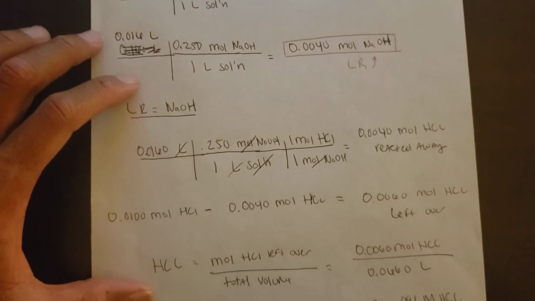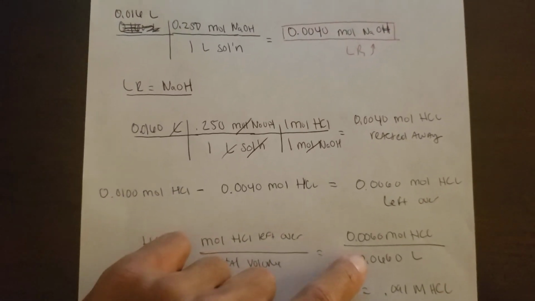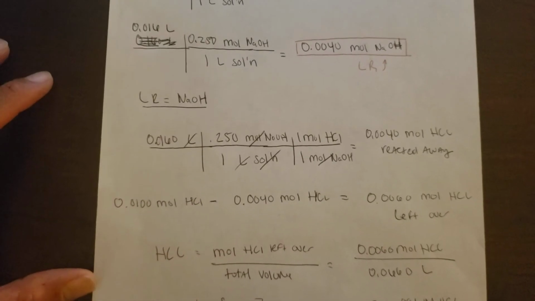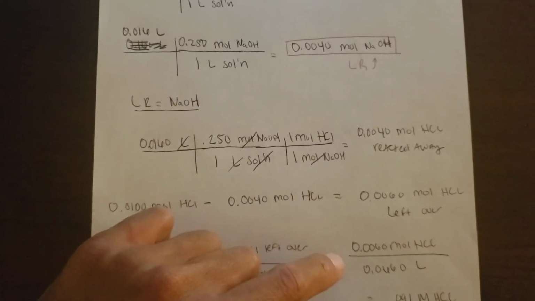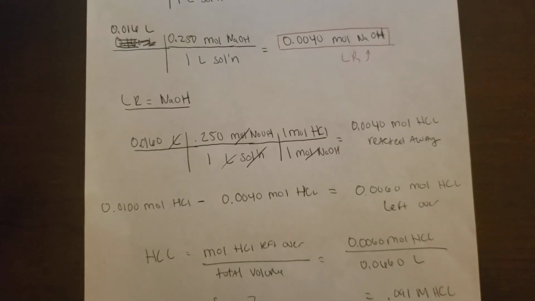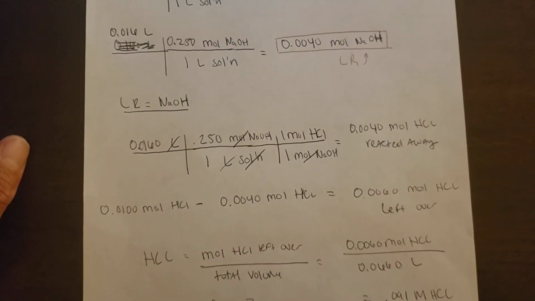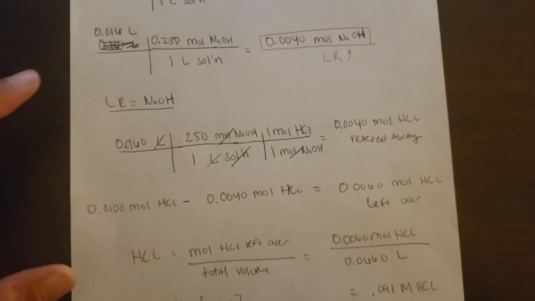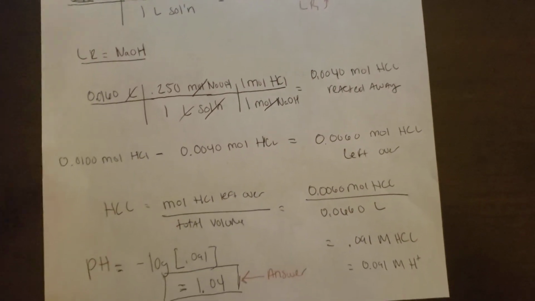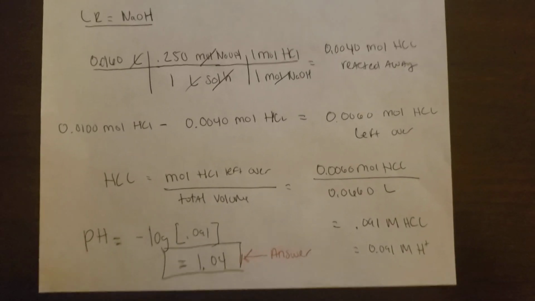And we get this here, 0.0660 liters. And you're going to divide your moles of hydrochloric acid that was left over, 0.0060 moles of hydrochloric acid, by that volume. And you end up with a molarity of 0.091 molarity of hydrochloric acid.